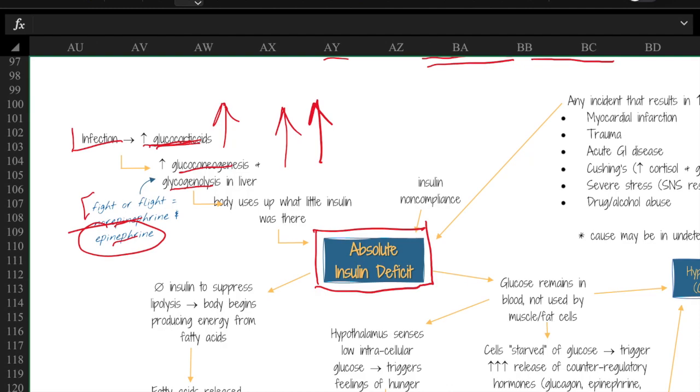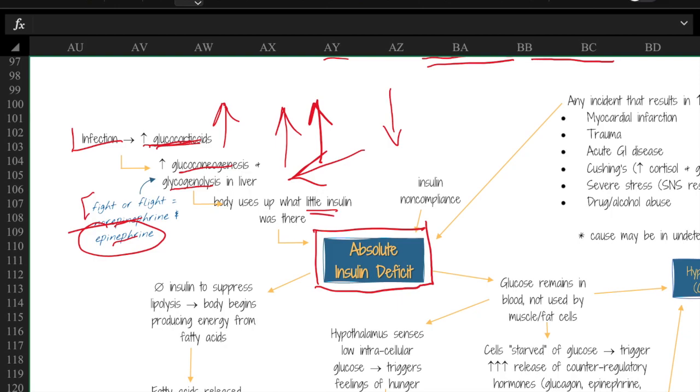You need that energy in the blood so that it's ready to be used. And so eventually, and you remember in type 1 diabetes, patients have very, very little endogenous insulin in their body. So when something like this happens, you've got all this increase in glucose, then the body eventually ends up using up what little insulin it had.